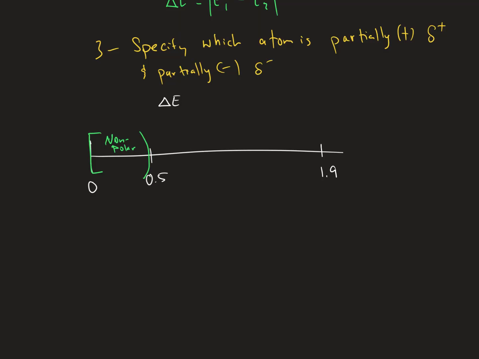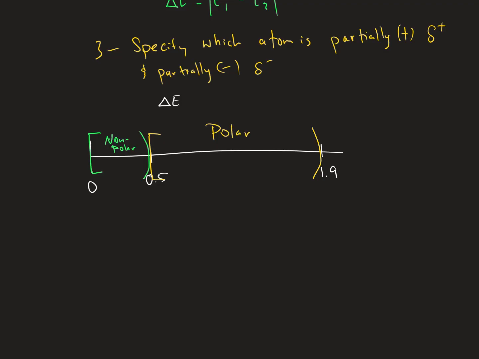Meaning there is a difference in electronegativity, but not so much that we notice. Basically, it's not polar. Good? If it's 0.5 up to 1.9, we're going to say it's polar.